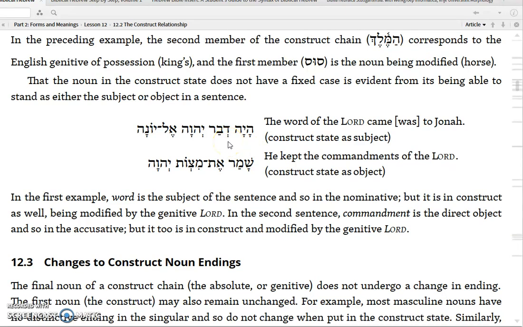And word, davar, is the noun that's in construct, and Adonai is the absolute form that completes the construct expression. Or yet another example, Shamar et mitzvot Adonai. And this would mean he kept, Shamar, et, direct object marker, mitzvot, the commandments, and that's in construct, the commandments of the Lord, Adonai.